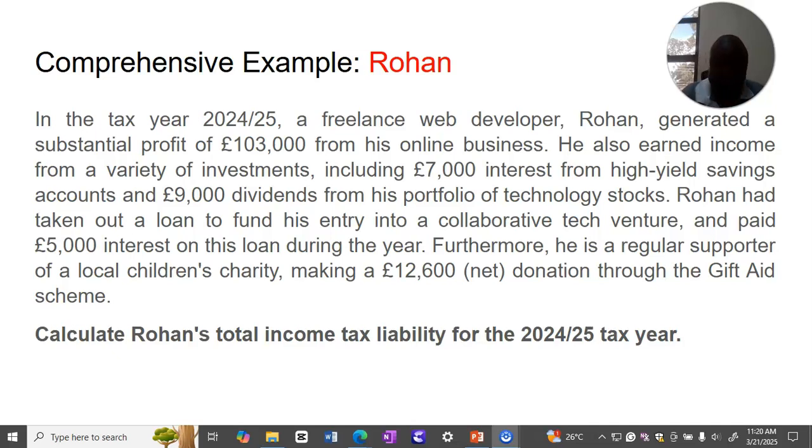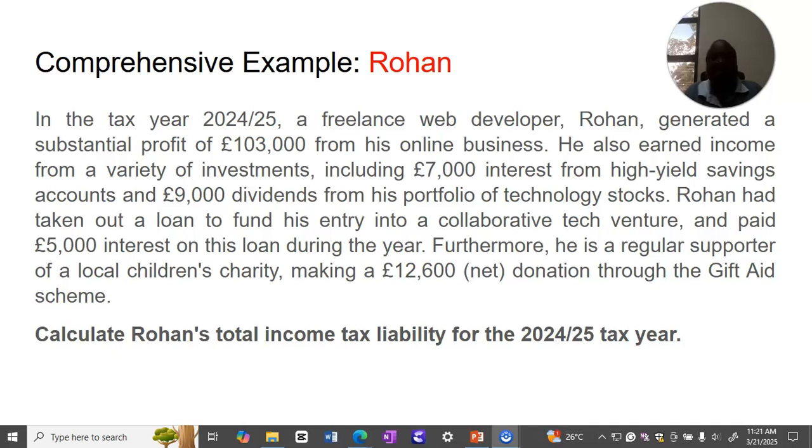In the tax year 2024-2025, a freelance web developer, Rohan, generated a substantial profit of £103,000 from his online business. He also earned income from a variety of investments, including £7,000 interest from high-yield savings accounts and £9,000 dividends from his portfolio of technology stocks.